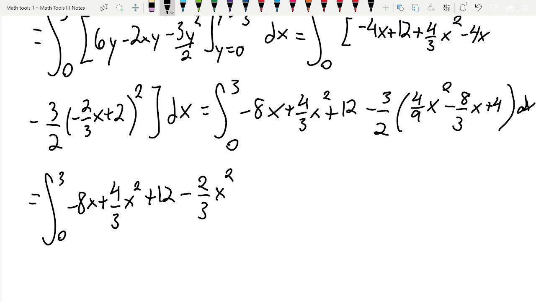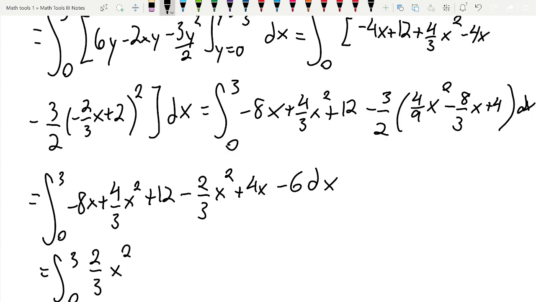We'll have a 4 on top, so that's going to be plus 4x. And then we have minus 6. Okay. So then ultimately, it looks like we have 2/3 x squared minus 4x plus 6.